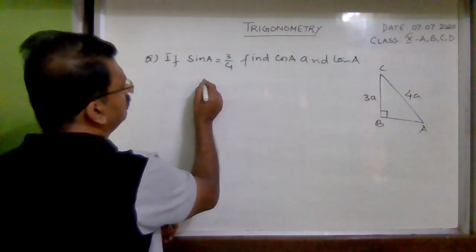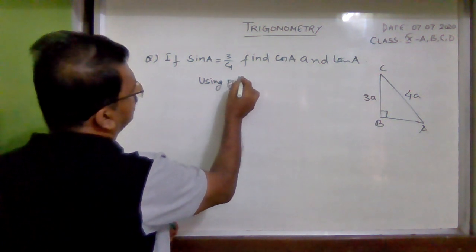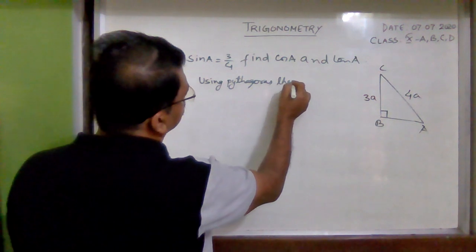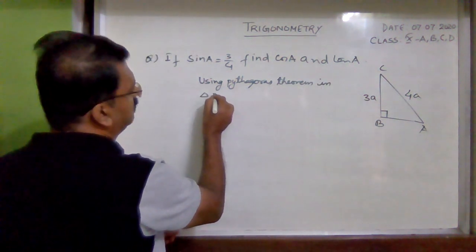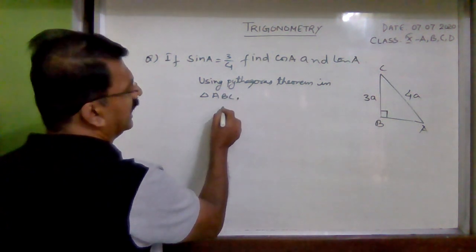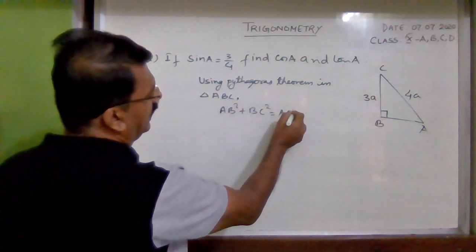Using Pythagoras theorem in triangle ABC, AB² + BC² = AC².